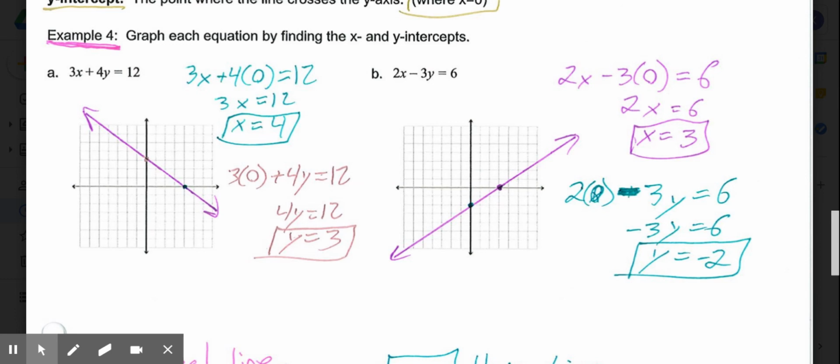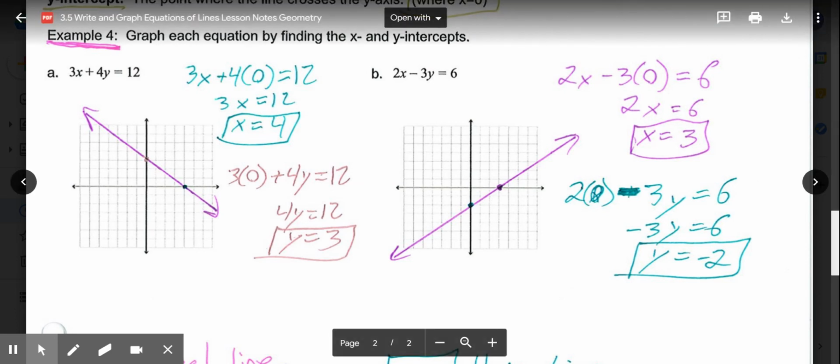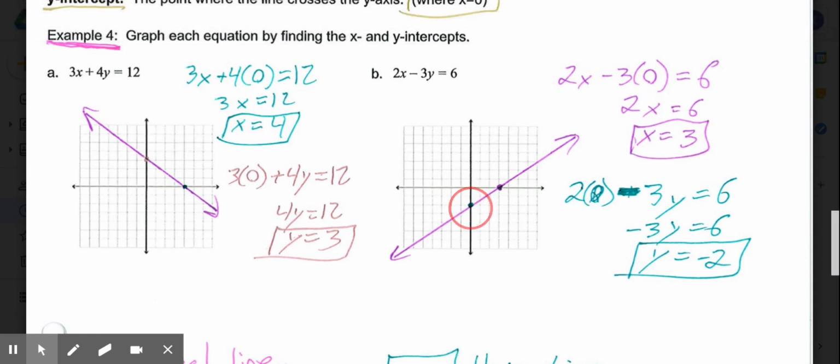So 2 times 0 minus 3 times y equals 6. Negative 3y equals 6. Divide by negative 3, and y equals negative 2. So my y-intercept is down here at negative 2. Connect that point at negative 2 to the point here at 3, and we have our line.